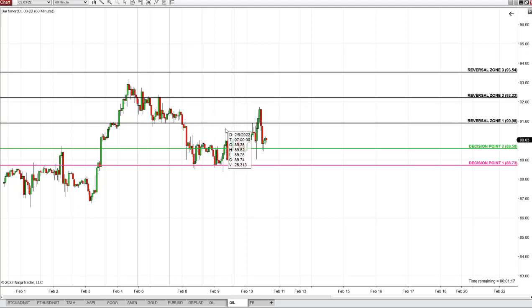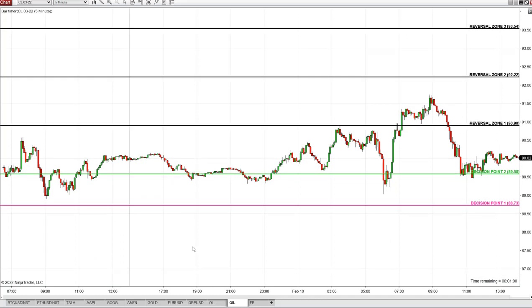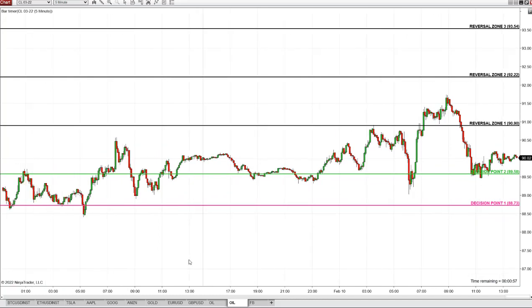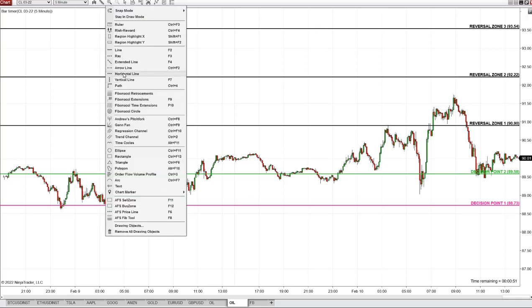Oil, February 9, 7 o'clock in the morning. How is it possible oil is collapsing to this level? My goodness, so many points. Let me convert this chart to 5 minutes so you can see, as we discussed in the video posted on the YouTube channel. We discussed that this support holding is the key at the time of extremely bullish news on oil.